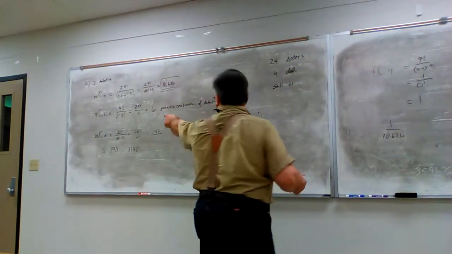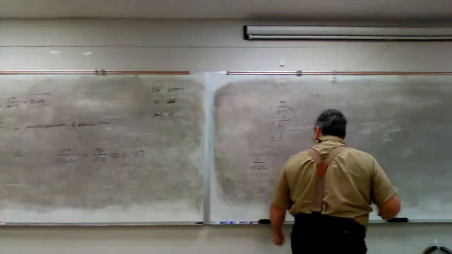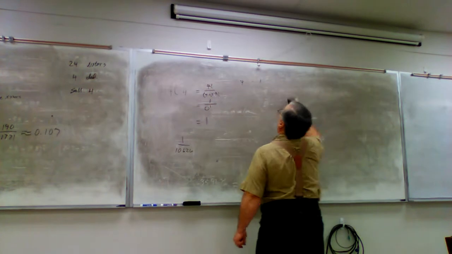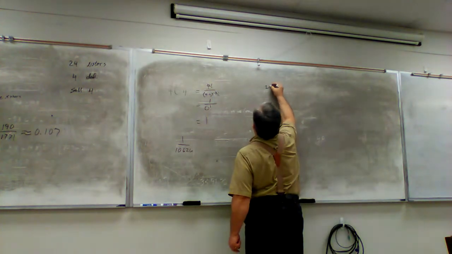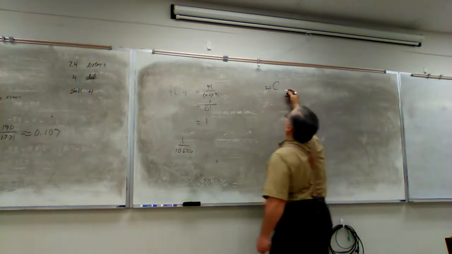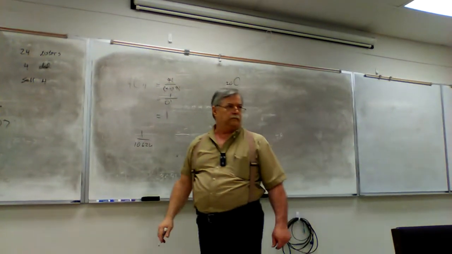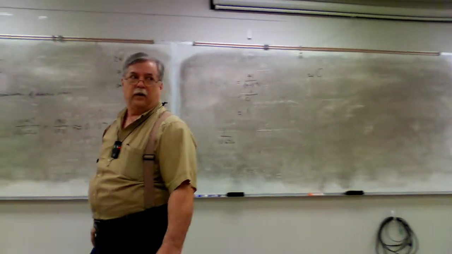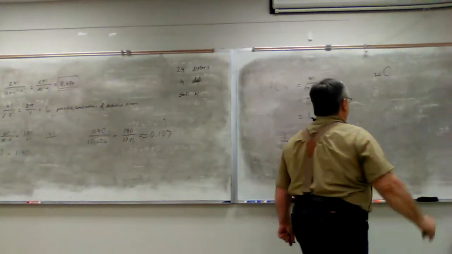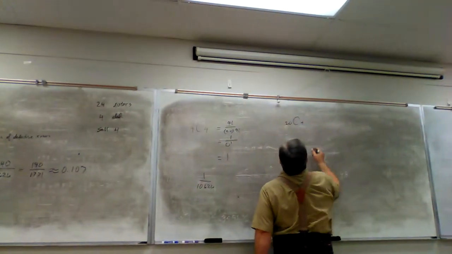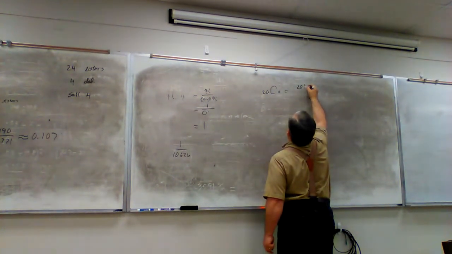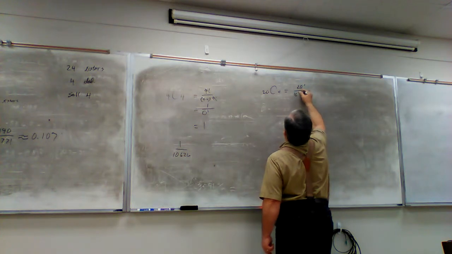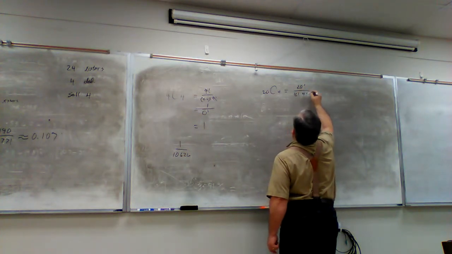Of the 10,626 possible combinations, there are 20 that are not defective, and you're going to choose 4 of them. So that gives you 20 factorial divided by 16 factorial times 4 factorial.